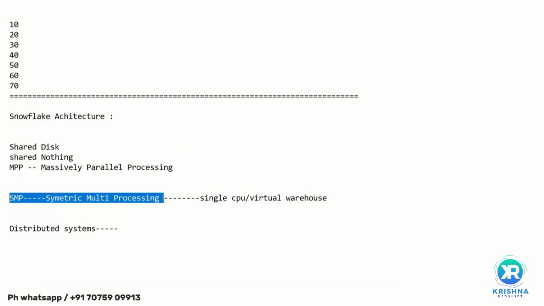Snowflake also took the Teradata architecture, or you can say the Redshift architecture. There the disk is not shared. In Snowflake architecture, they shared the disk, meaning they put a common storage for all the compute processing, which is not there in AWS.